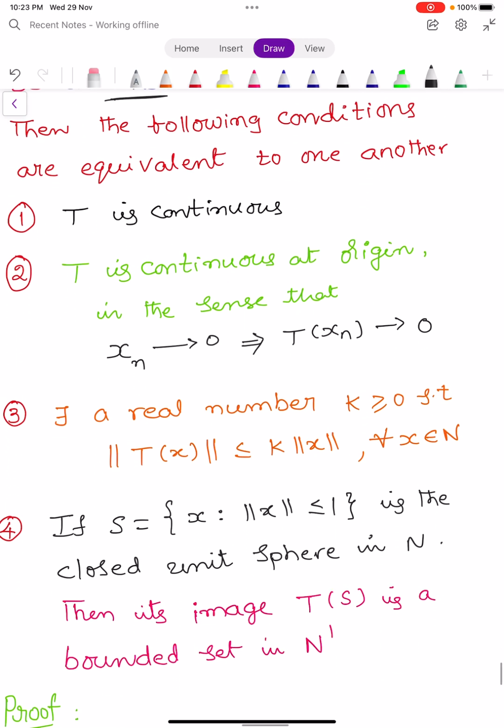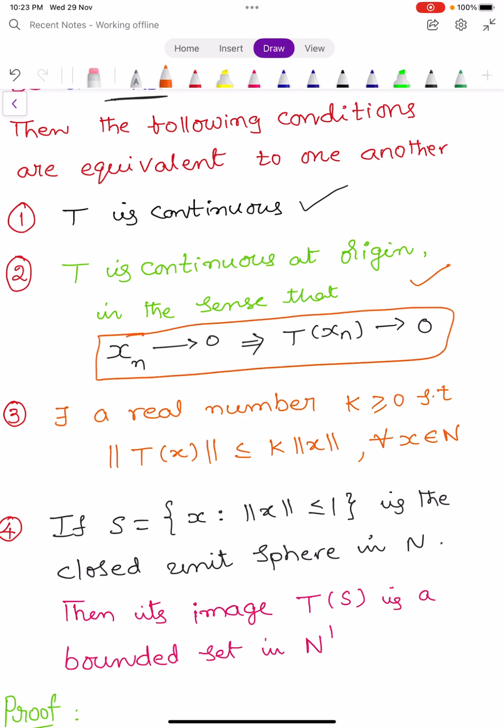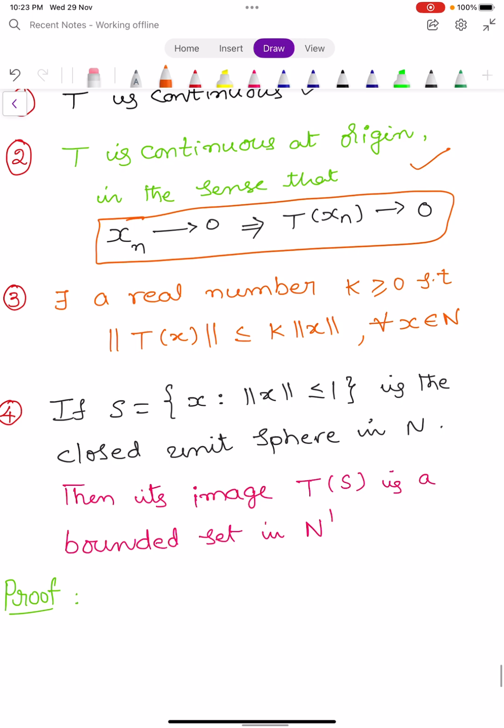Then the following four conditions are equivalent to one another. First, T is continuous. Second, T is continuous at origin in the sense that xn converges to 0 implies T of xn converges to 0.